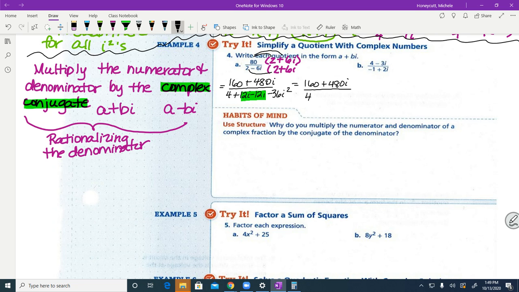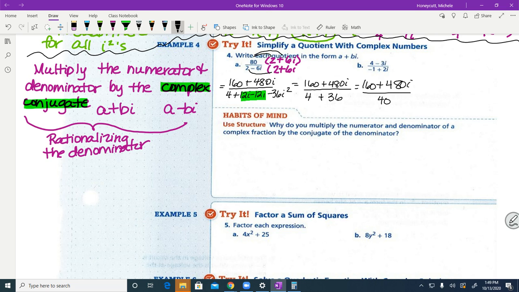So 4, and then minus 36i squared, I can replace the i squared with a negative 1. So negative 36 times negative 1 is really positive 36. So plus 36. So now I have 160 plus 480i over 40.